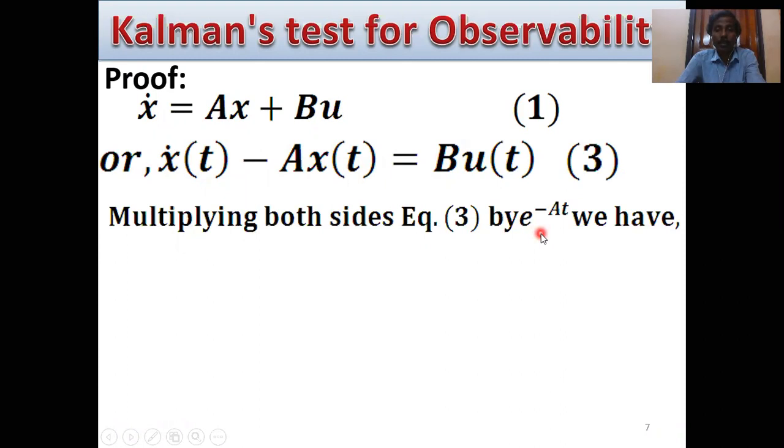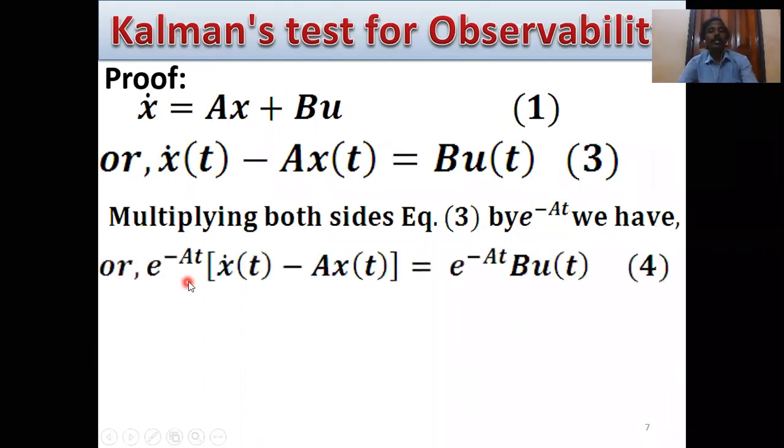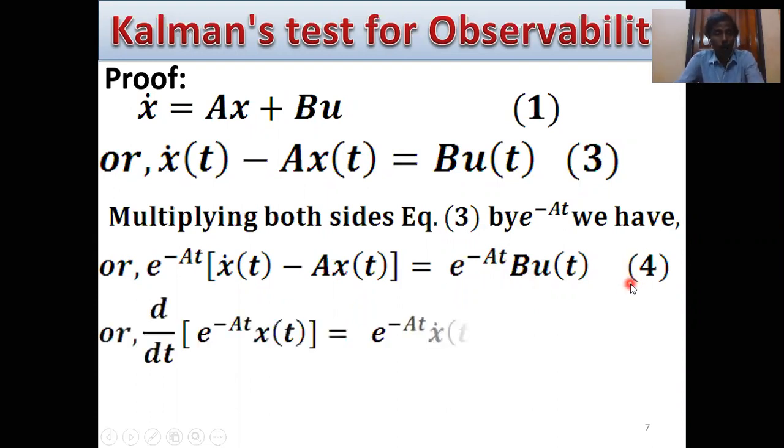Multiplying both sides by e to the power minus At, which is a very important term, we get e to the power minus At into x dot of t minus A x of t equals e to the power minus At B u of t. This is equation number 4.